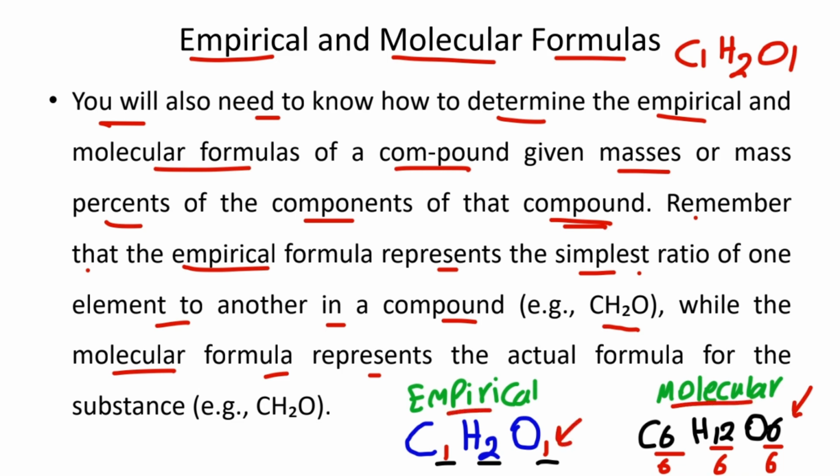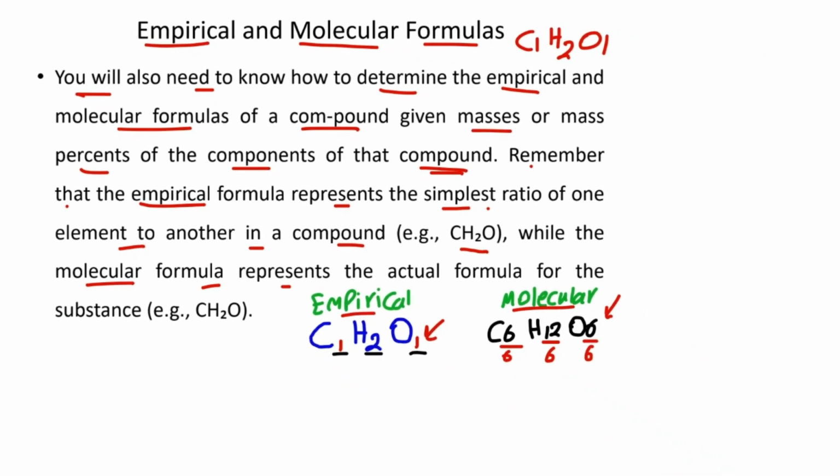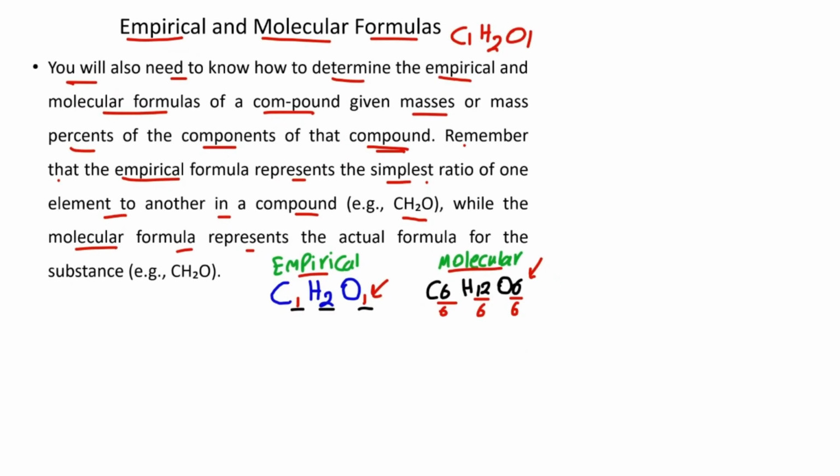However, sometimes we might have an empirical formula which is at the same time a molecular formula. So for example, if we take this type of aldehydes, which is CH2O, this is at the same time empirical and molecular. Why?